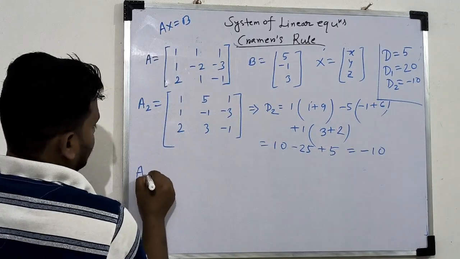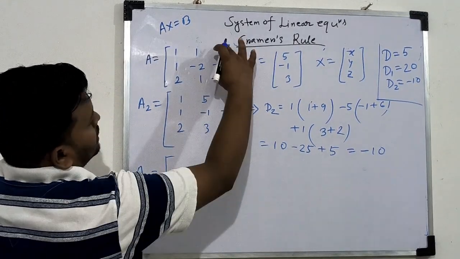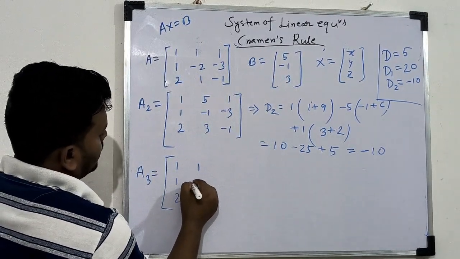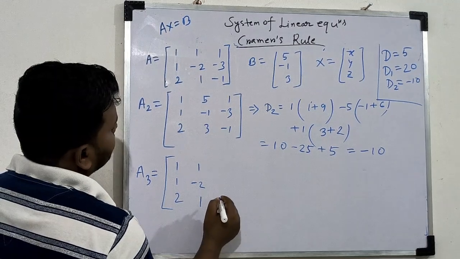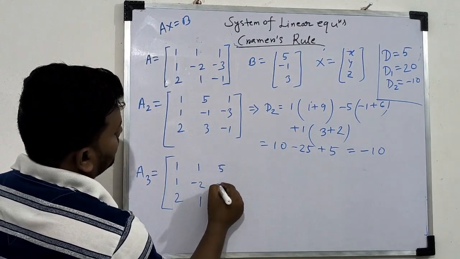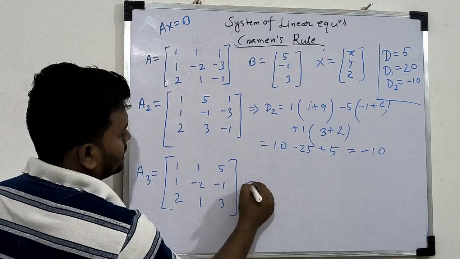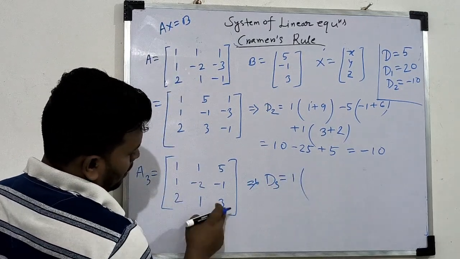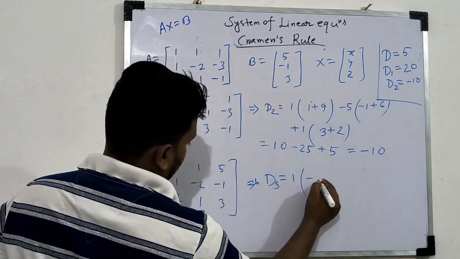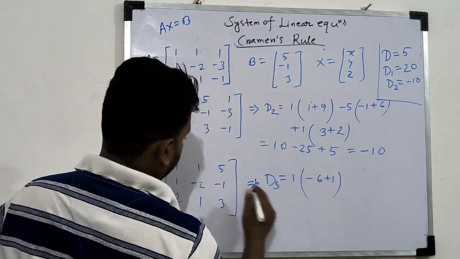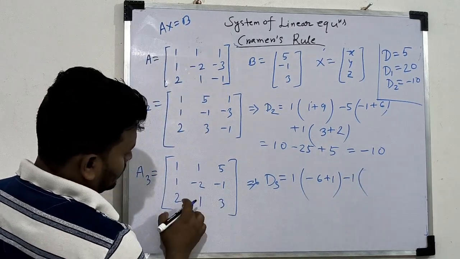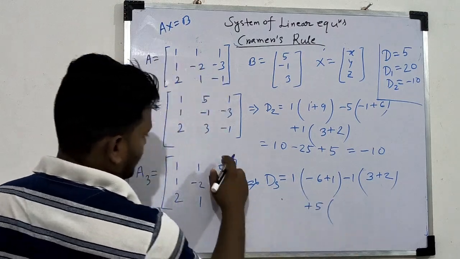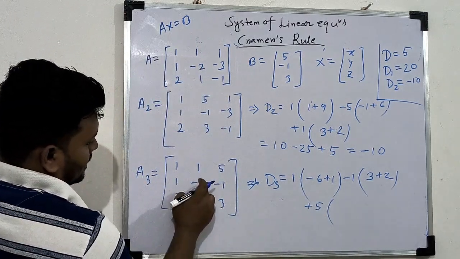Okay, and A3 becomes: we replace the third column by the b vector. So the first two columns remain the same, the third one will be 5, minus 1, 3. So the determinant of this matrix, D3, will be 1 into minus 6 plus 1, minus 1 into 3 plus 2, and plus 5 into 1 plus 4.